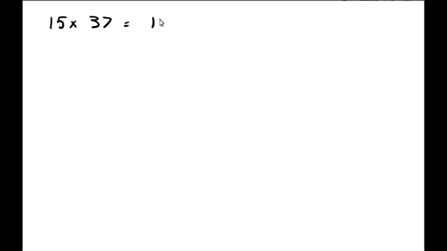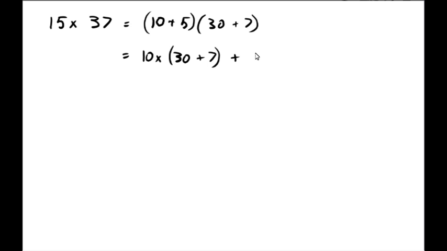Split up the 15 and split up the 37. And I say the first number times the second lot of brackets. The second number times the second lot of brackets again. Use our distributive law like usual. So 10 times 30 plus 10 times 7. And similar thing over there.